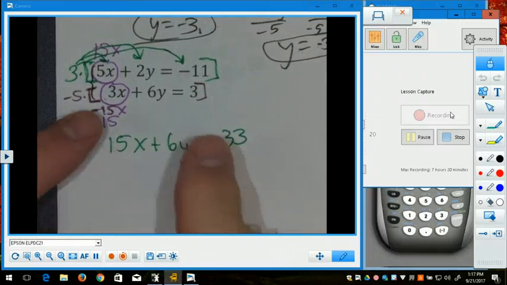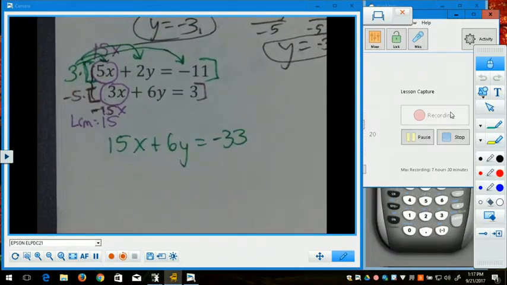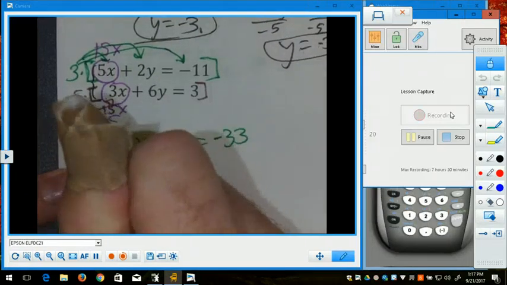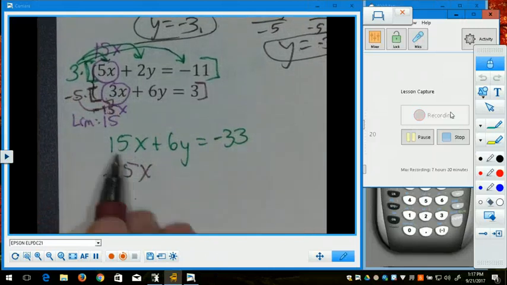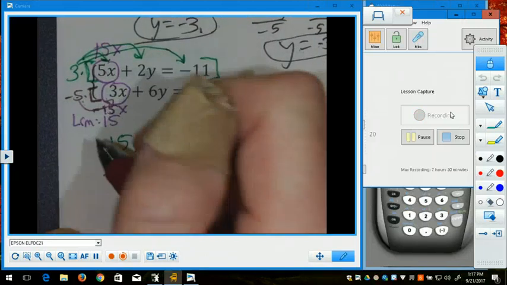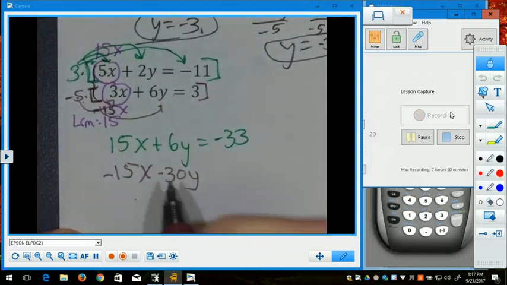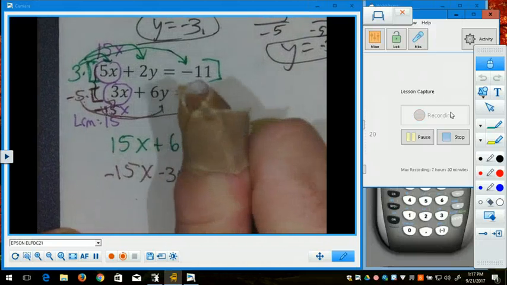It's still balanced because every term was multiplied by the same number, the left and the right were both multiplied by 3. On my bottom equation, I'm going to distribute the negative 5. Negative 5 times 3x is negative 15x. Negative 5 times 6y is negative 30y. And negative 5 times 3 is negative 15.